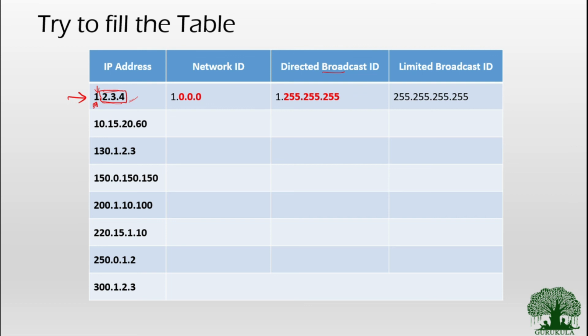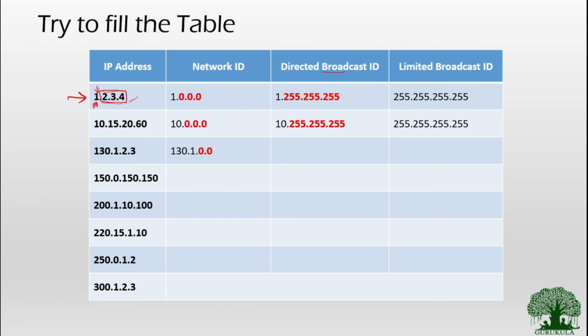Likewise, you can fill in the remaining rows of the table as well. The next one is 10.15.20.60. Again, this belongs to class A, so the network ID will be 10.0.0.0, the directed broadcast address will be 10.255.255.255, and the limited broadcast will be all 255s.